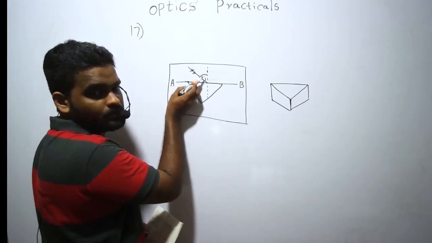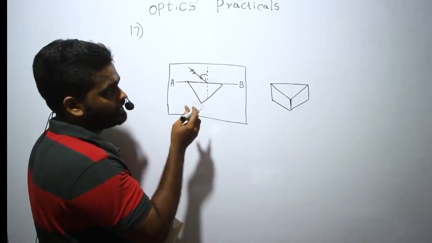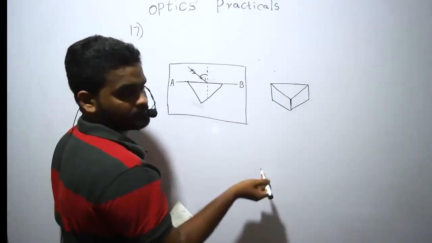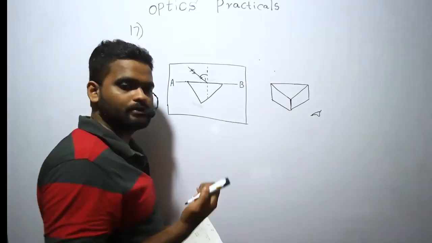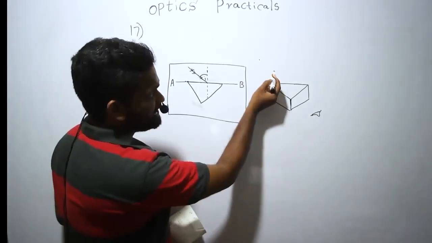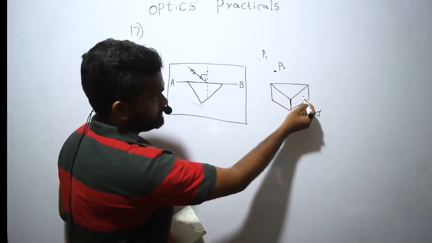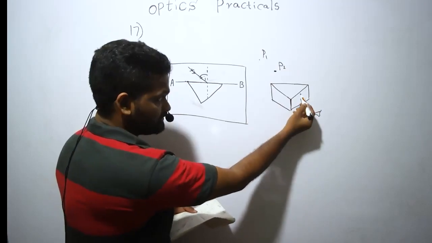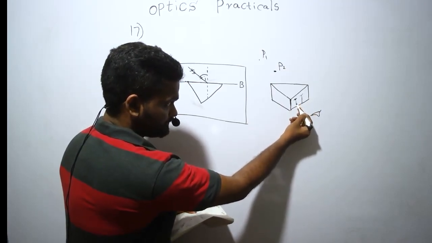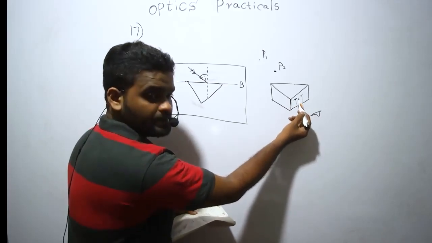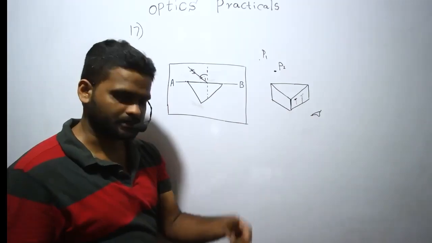Then place the prism, right? So the optical pins are here. You look from this side, right? So what do you see? You see images of, let's say, P1 and P2. So you see 2 images from this side, like this. This is the image of P1, image of P2. That is what you see when you are doing the experiment, right?